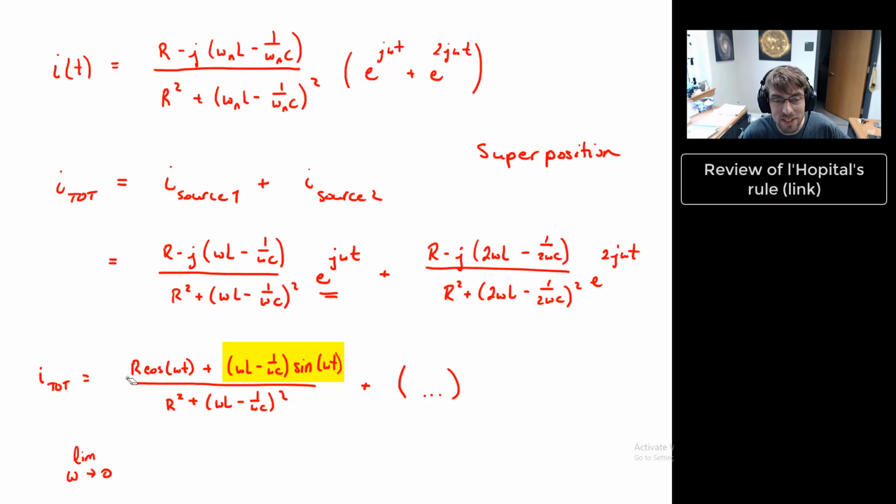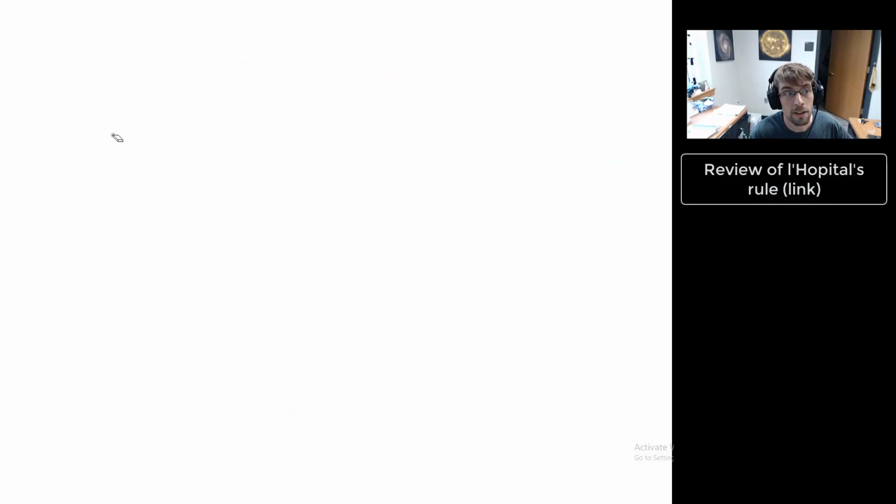Yeah, hopefully you see that second piece goes to 0. Okay. If you don't see it, you can apply L'Hopital's rule, right? The limit as omega goes to 0 of sine of omega t divided by omega C, right? That's really what we're worried about here. Well, if I plug in, I get 0 over 0, an undefined thing. So then I can apply L'Hopital's rule.